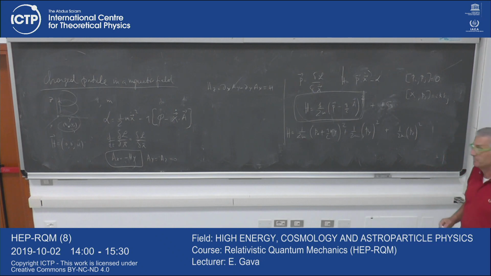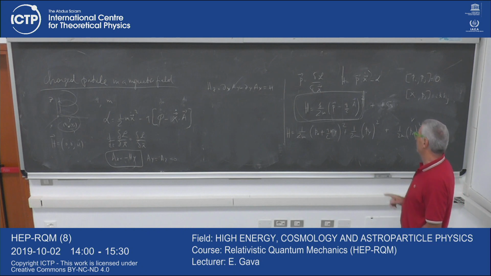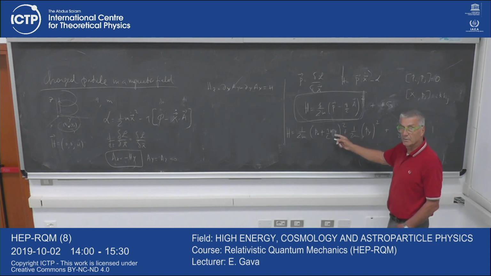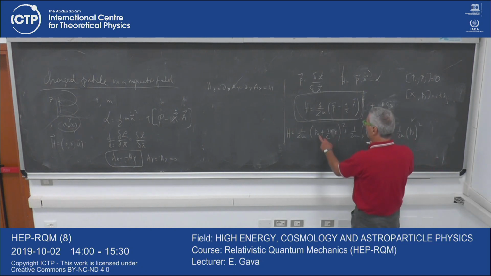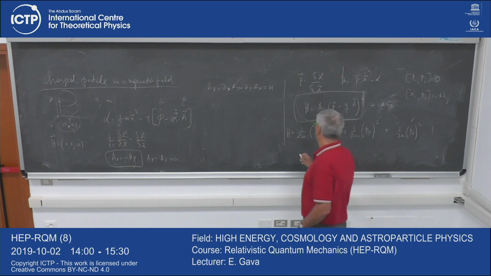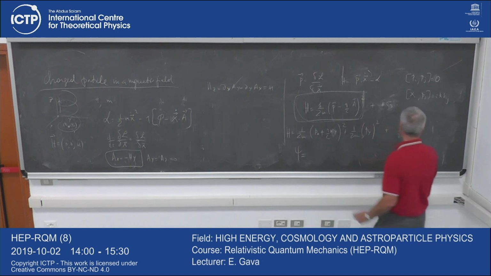And not Py, because Py is conjugated to y, so this is a non-trivial part, this part and this part. But Px, yes, right? There is no x here, so Px can be taken to be a diagonal quantum number. So we can try to find eigenfunctions of the form plane waves in Px and Pz.